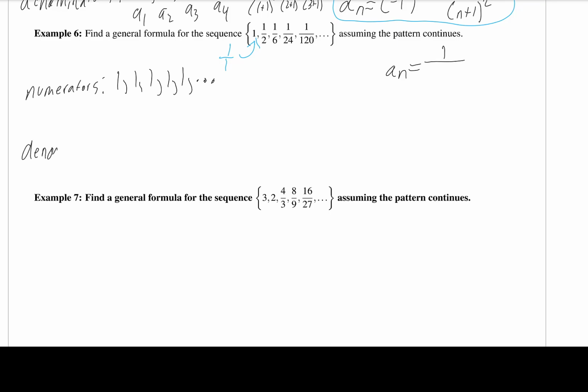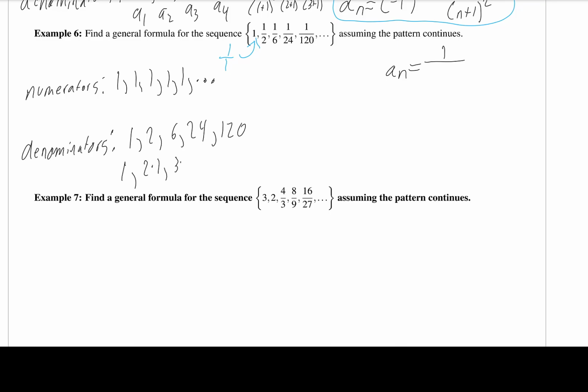Then for the denominators, I have 1, 2, 6, 24, 120. This is going to be a pattern that we need to get very used to. So this first term, this looks like 1. The second term looks like 2 times 1.